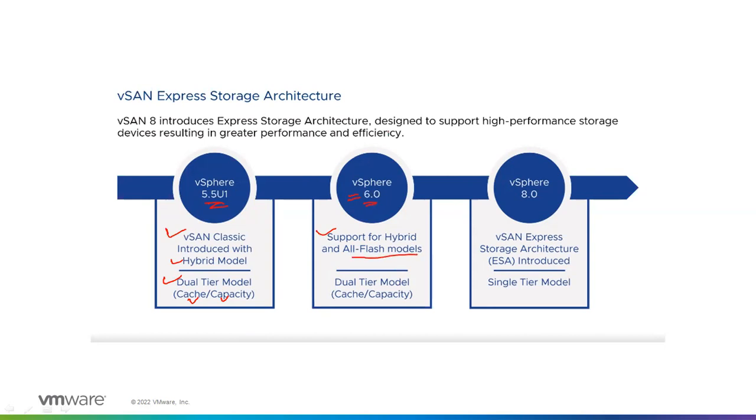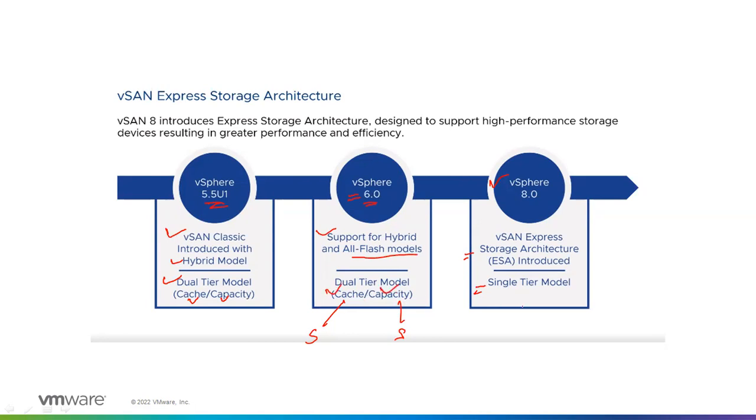When we say all flash model, we're talking about my cache being SSD and my capacity also being flash drives. Then from vSphere 8 onwards, they have started the Express Storage Architecture. On a high level, it is a single tier model, with no separate capacity or cache drive.